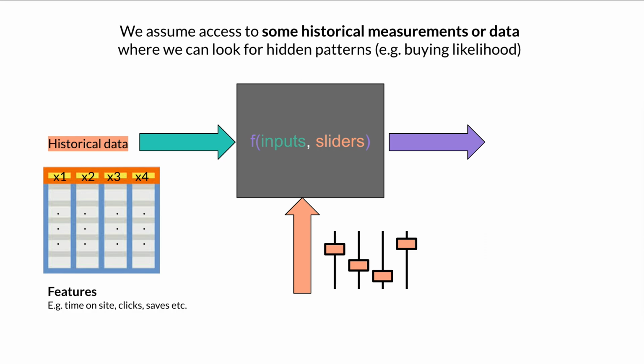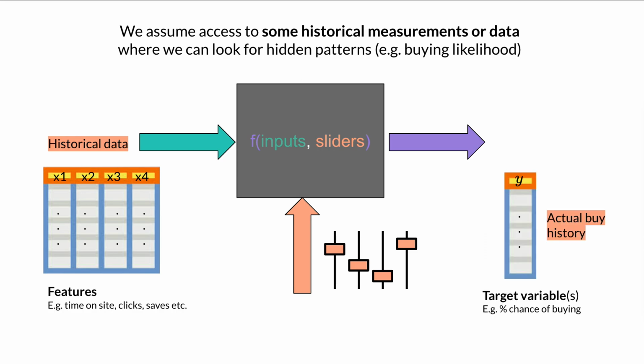We also critically assume we do have some actual buying history data. Otherwise, how are we going to find a pattern? If we want to know in what way this input data relates to the buying history, we need to know what the buying history was historically. And so that's the actual buying history. Then the idea is that once we configure the neural network, it will generate estimates of the buying history.